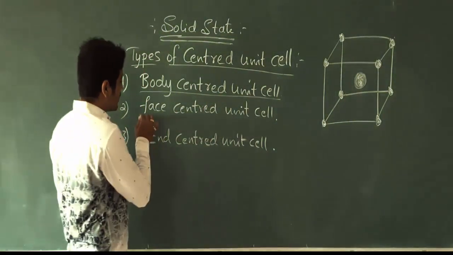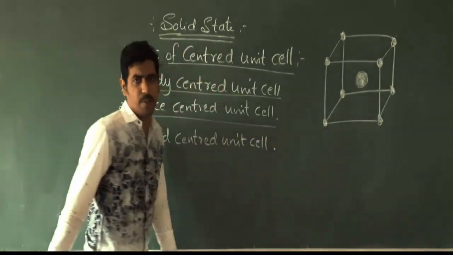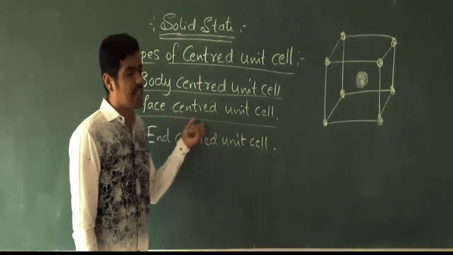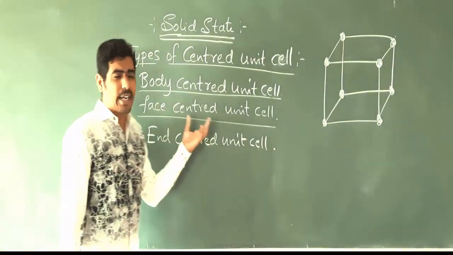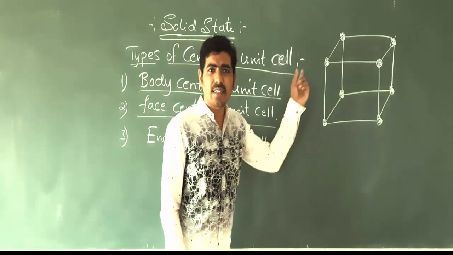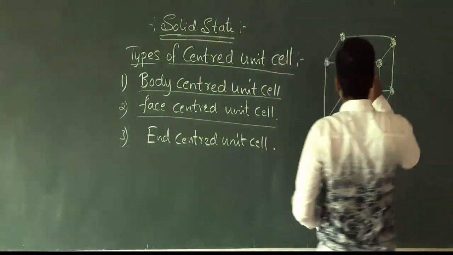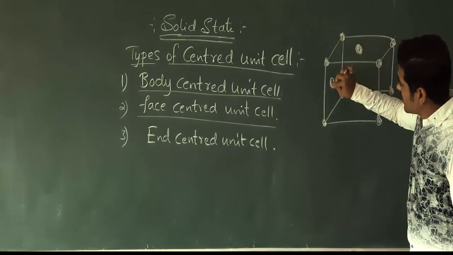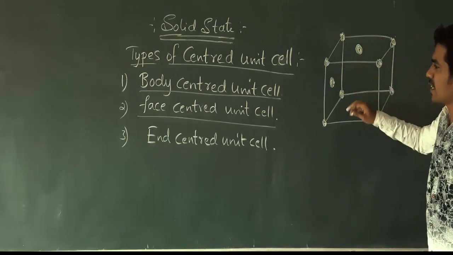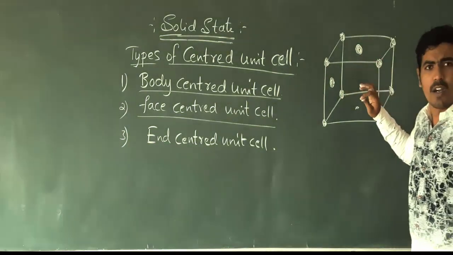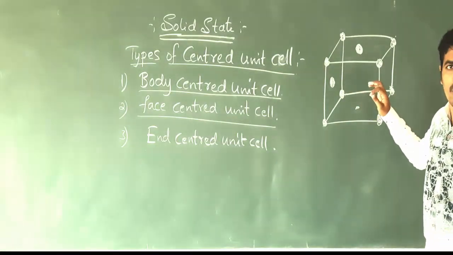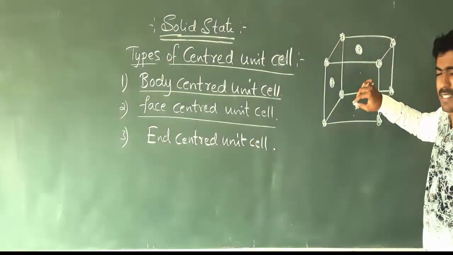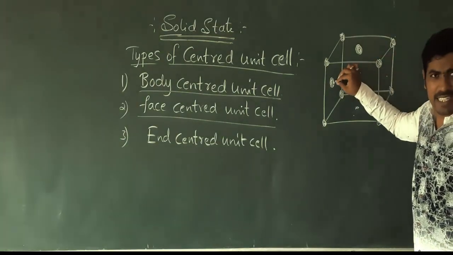Then the second type is the face centered unit cell. The name itself indicates face centered. Here the particles are present at the corners along with the centers of each face of the unit cell. These are the faces. In a cube, how many faces will be present? 1, 2, 3, and on the front side 4, 5, 6.